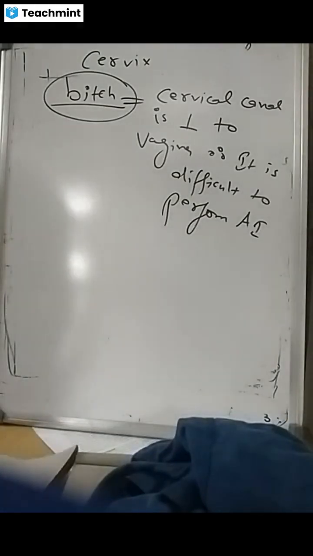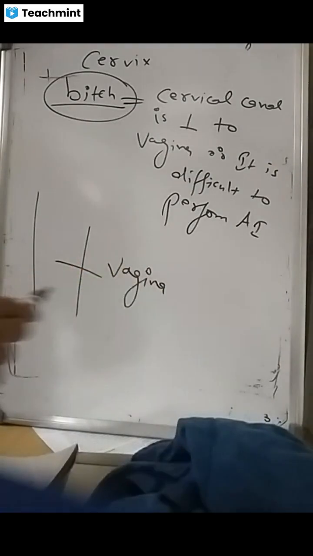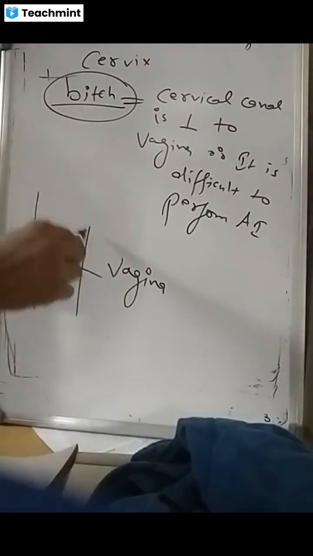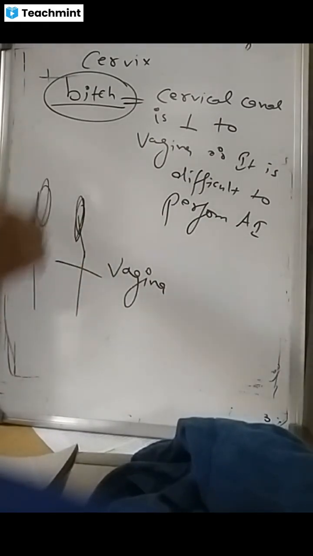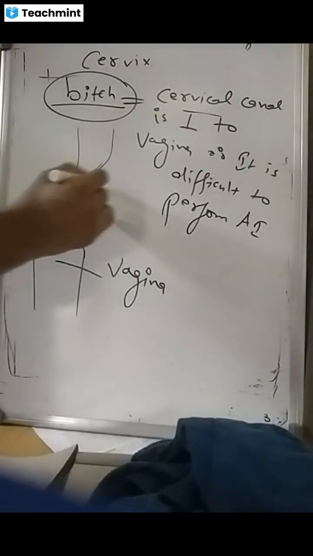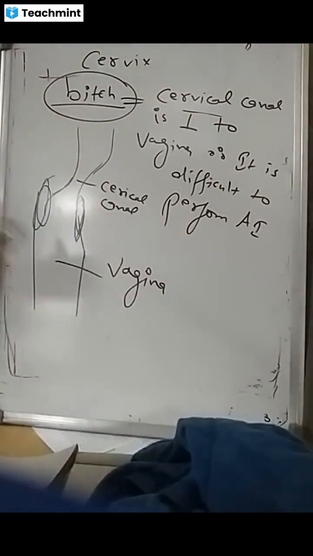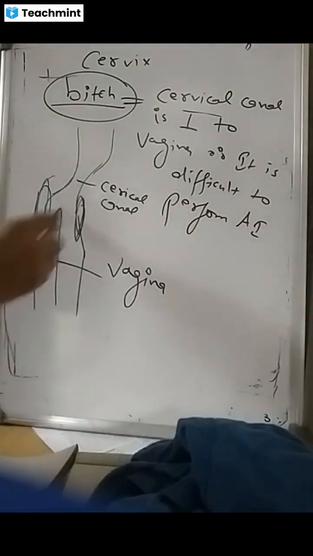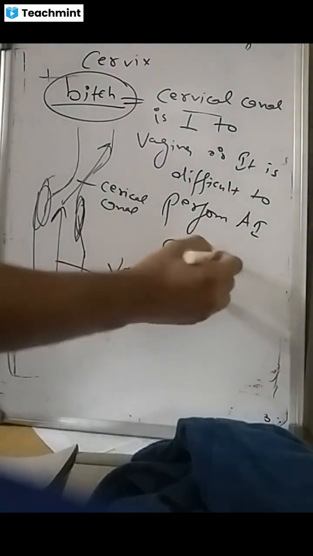It means this is the vagina of the bitch, and after this, these are the muscles, and it becomes like this. So the cervical canal is perpendicular to the vagina. That is the second thing.